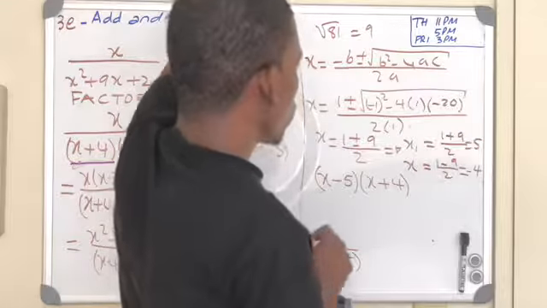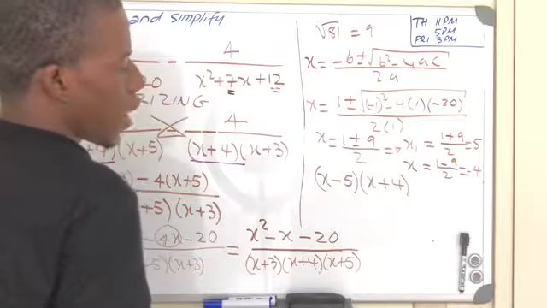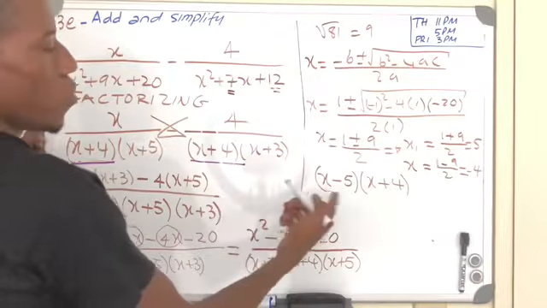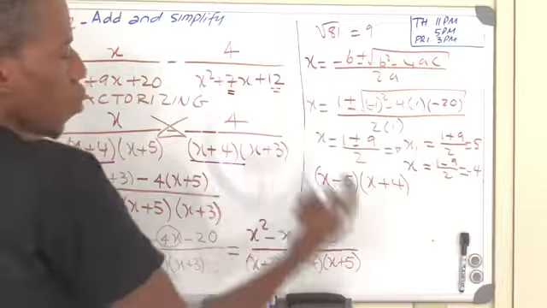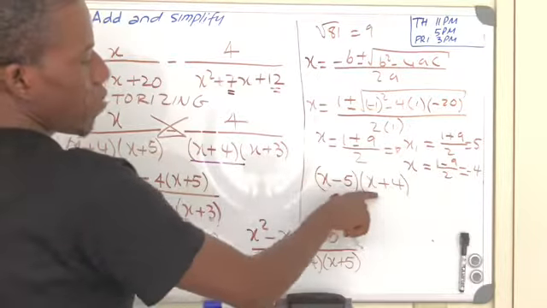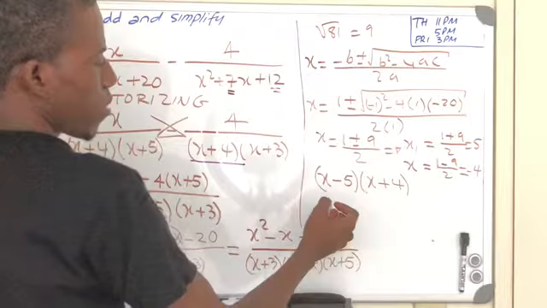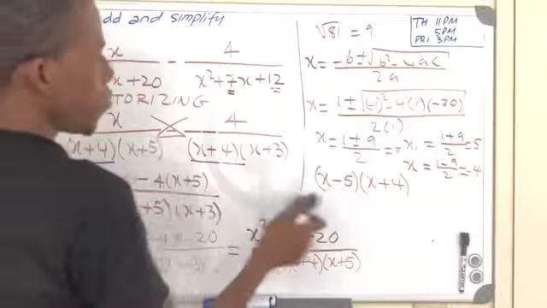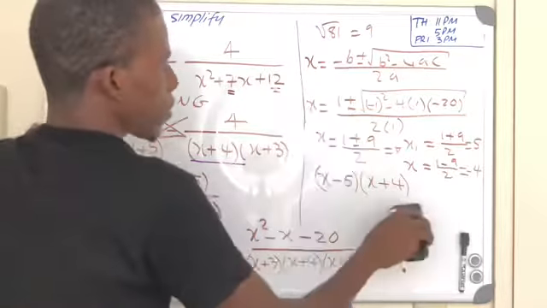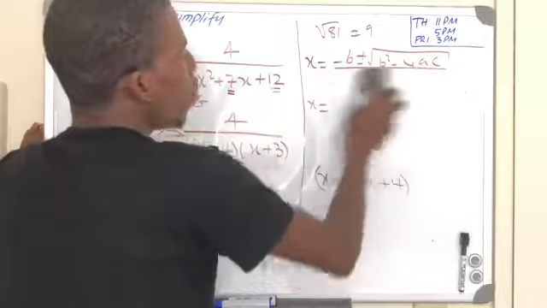I always want to go with the general rules to show you stuff. But if I don't want to do all this, you see it's giving x minus 5 times x plus 4. If I also wanted to go by the same rules I used for the other ones, I'm going to keep the solution, so you're going to see I get the same answer. I don't have to do all this.